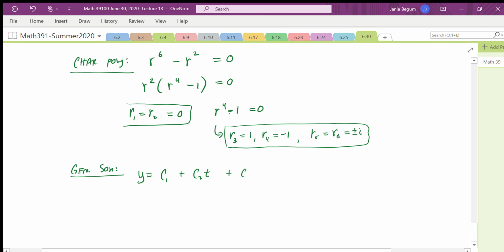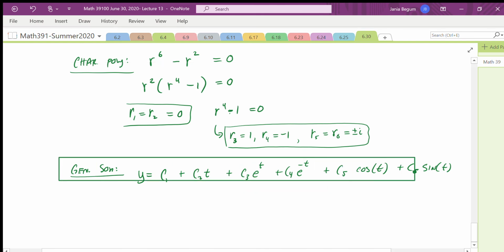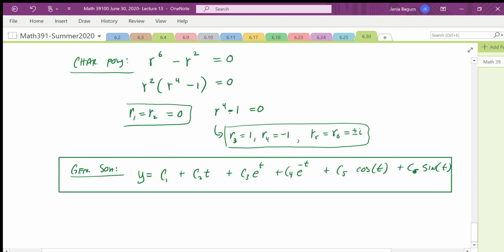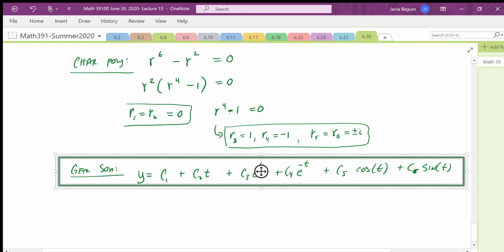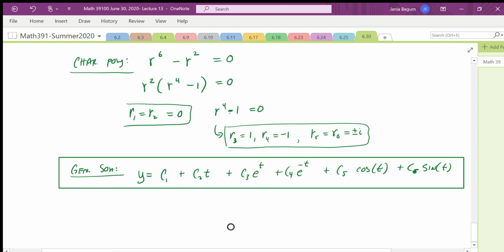We have c3 e to the t plus c4 e to the negative t plus c5 cosine t plus c6 sine of t. So that's how the solution looks if some of the roots happen to be complex, real repeated, and real distinct.